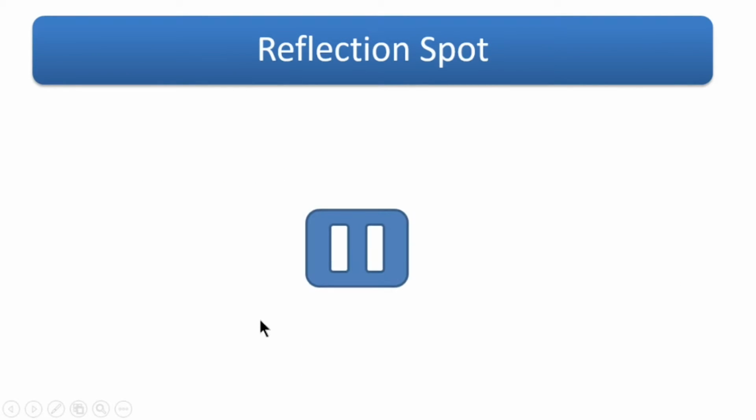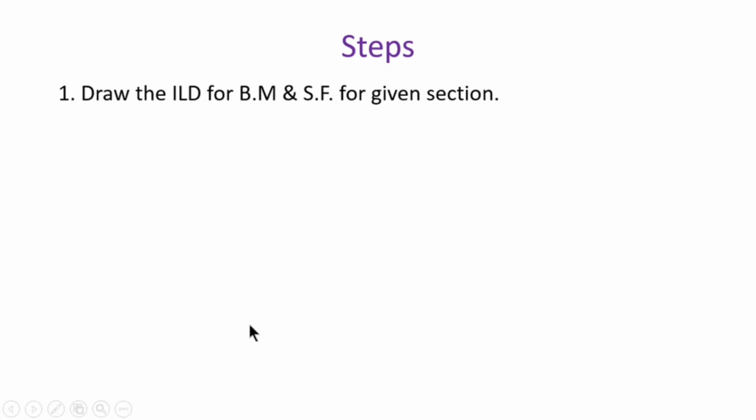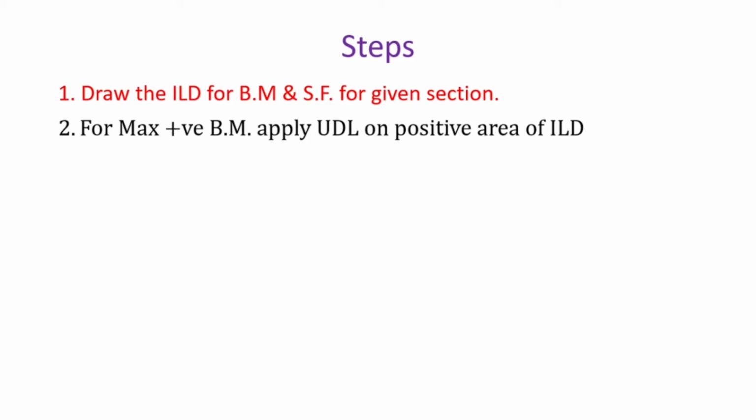Now take a pause, and the question arises in the mind: what are the different steps? So the first step is to draw the ILD for the bend moment and shear force for the given section. Next, for the calculation of maximum bend moment, apply the UDL on the positive area of the ILD.